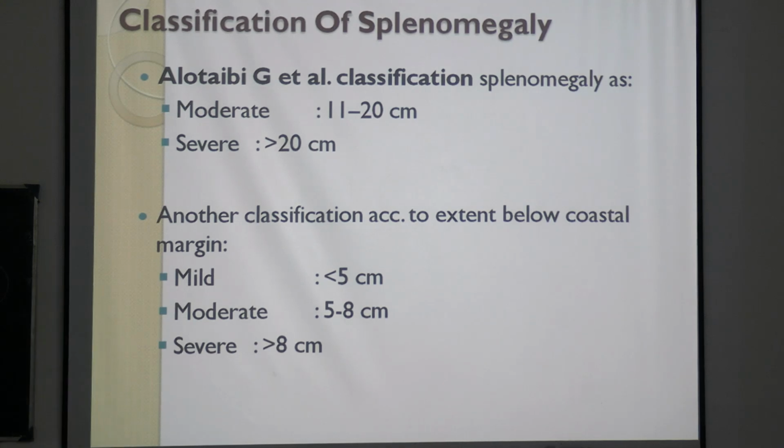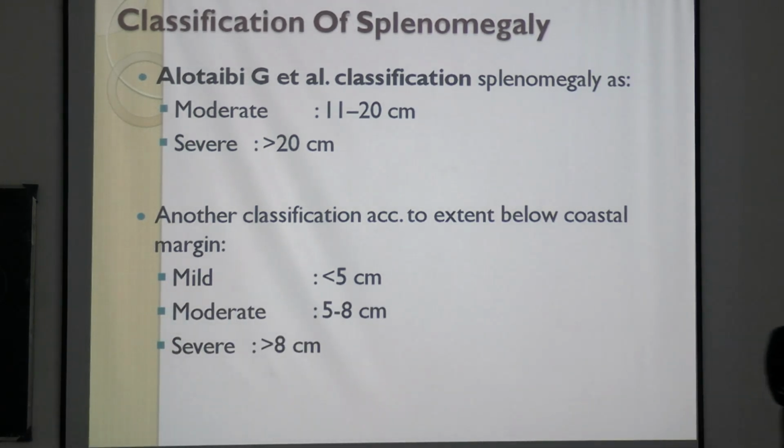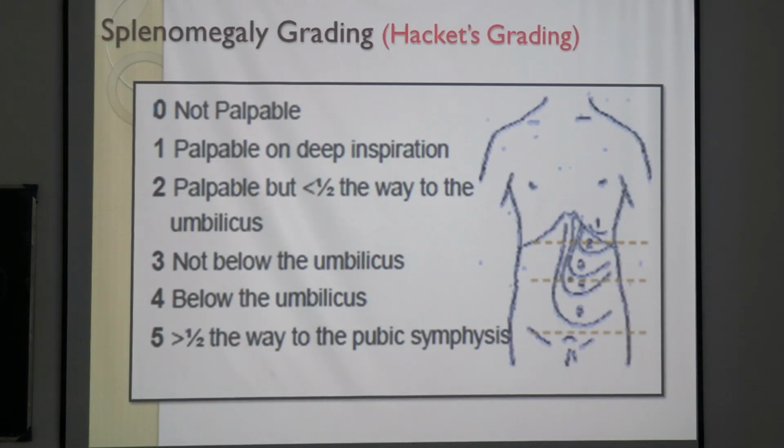This is the size of the palpable spleen below the costal margin. So you remember this, the second classification, the second grading. Again, there is something known as Hackett's grading. If they ask you, at least you should be able to tell the name.